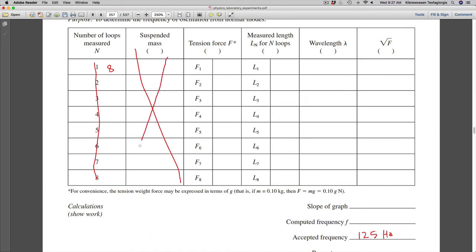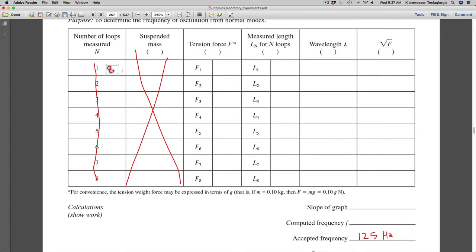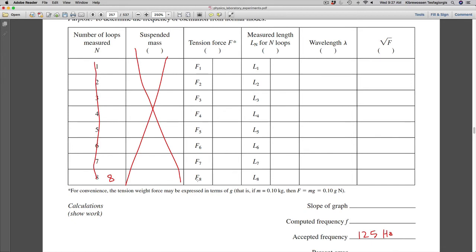Rather, what you're going to do is, for instance, here, sorry, my eight loops is here, so I'm going to use this other way. That's fine. Then F8, what is the force that I have?